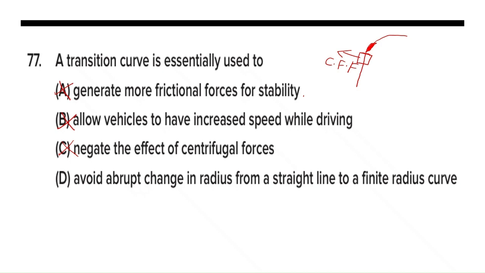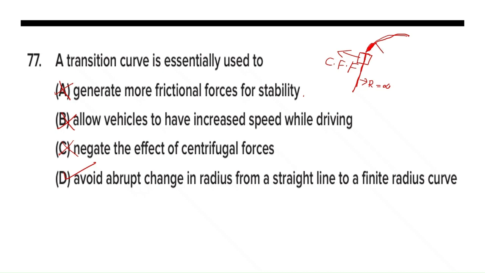Next one is avoid abrupt change in radius from straight line to finite radius curve. That is correct. It allows a gradual change from this straight path. The straight path is having infinite radius, and it allows a gradual change from straight path to this circular curve.